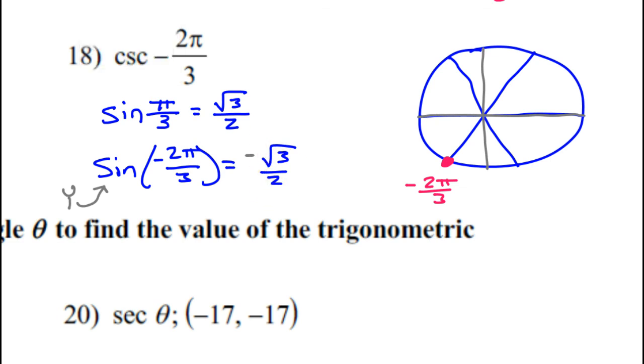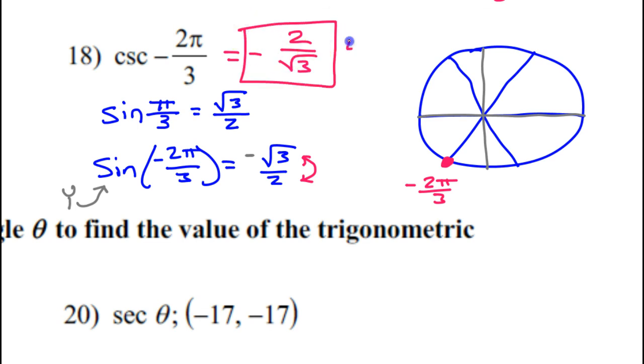Fine, so now we're ready to say the final answer, because cosecant is just going to be the reciprocal of sine. So if the sine of negative 2 pi over 3 is negative radical 3 over 2, then the cosecant should just be the reciprocal of this. So it should be negative 2 over radical 3. And if you wanted to rationalize the denominator, you could. That would be negative 2 radical 3 over 3.